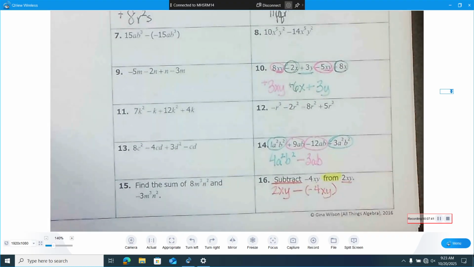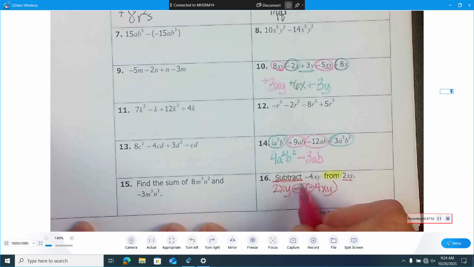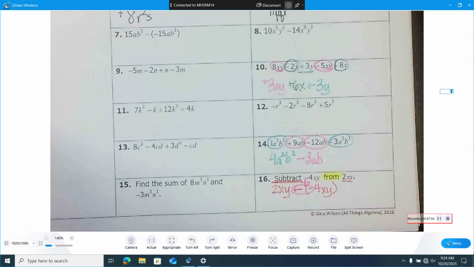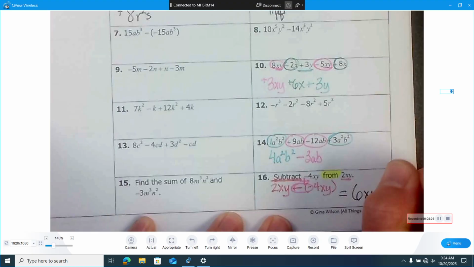This is a turnaround phrase, so it's really important we get it in the right order. What do we do with our minus and negative there? Yeah, minus a negative is really a positive. We can think negative times negative is really positive there. All right, so 2xy's plus 4xy's is 6xy's. All right.